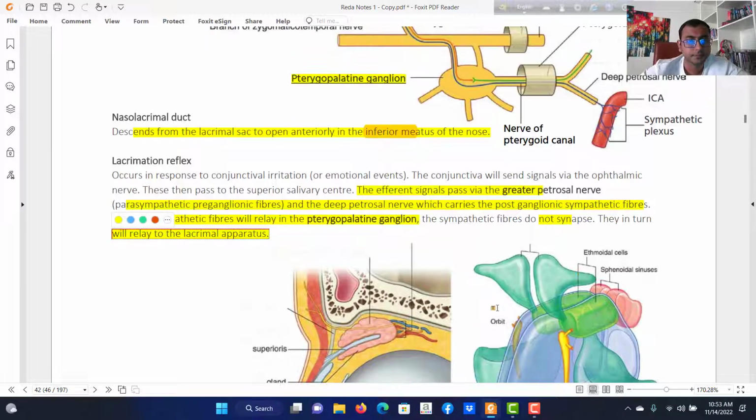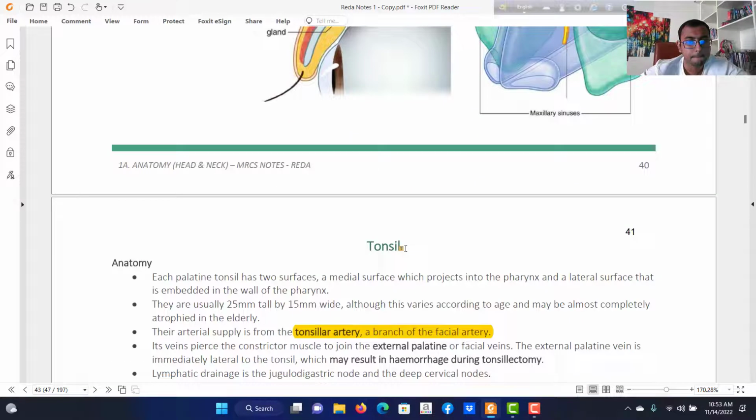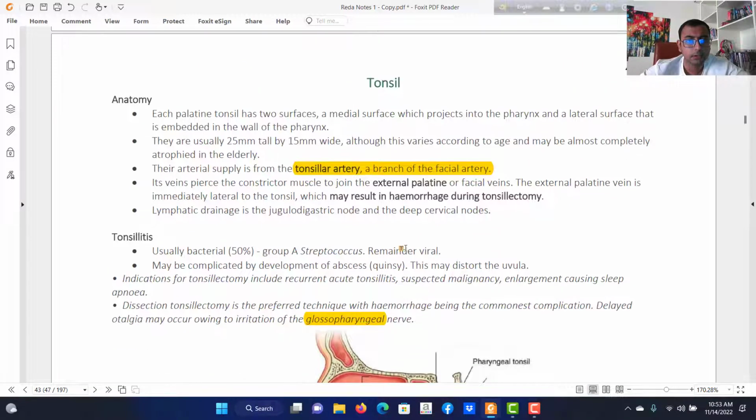Okay. Now the tonsil. There is arterial supply from the tonsillar artery, a branch of the facial artery. We all know the tonsillar artery is a branch of the facial artery, which is also a branch of the external carotid artery.